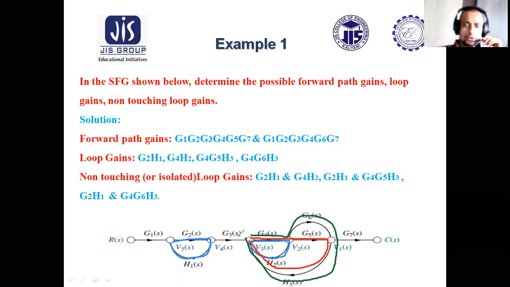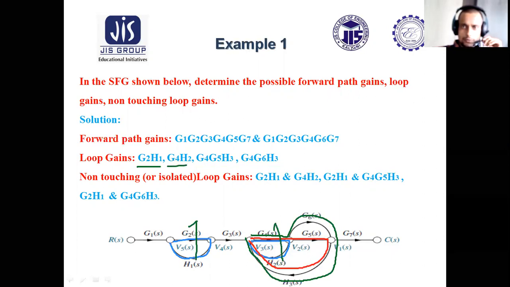This is the fourth loop. So there are four loops. For the first loop, the gain will be G2 H1. For the second loop, G4 H2.